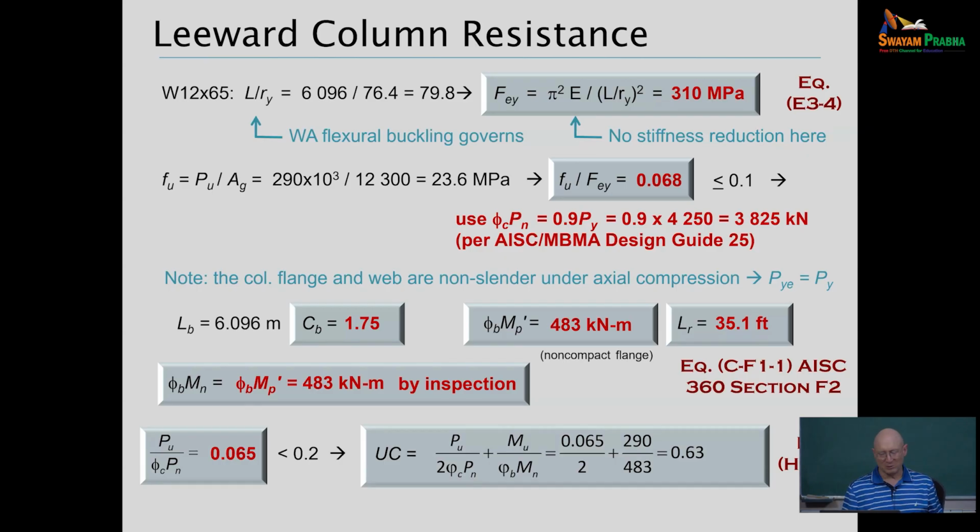So we saw that we had some tremendous second order sidesway amplification in this frame, but the unity check is 0.63. It passes.